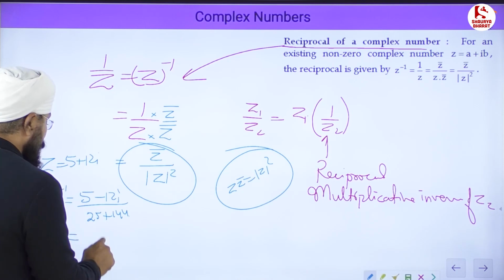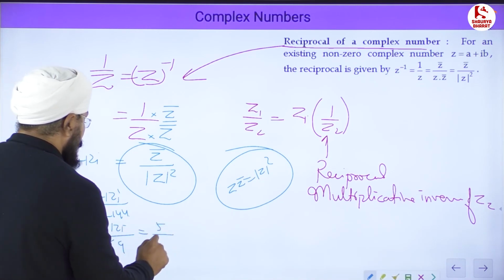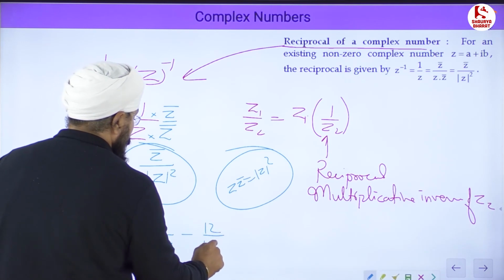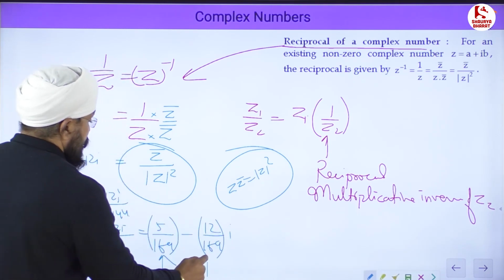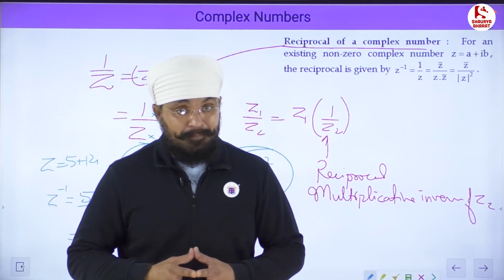It's a Pythagorean triplet, so we get 169 in the denominator. We can write this as 5 upon 169 minus 12 upon 169 iota. This one is the real part and this is the imaginary part with the minus sign. This is how we can find the reciprocal of a complex number.